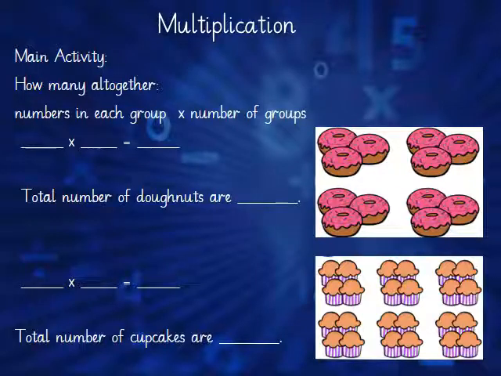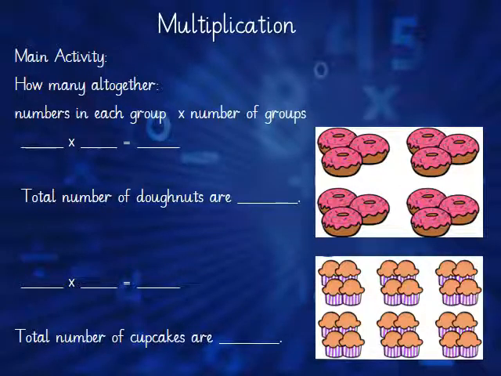And you will make a multiplication sentence. You know how to make it? Numbers in each group multiplied by the number of groups, and the number in each group is the same. Make a multiplication sentence for both of these and work them out. Yes, recall the relevant tables, and you can work it out very easily.